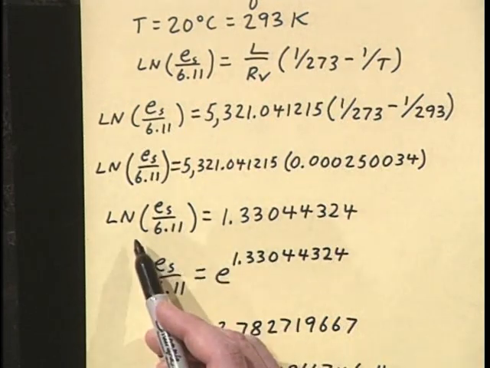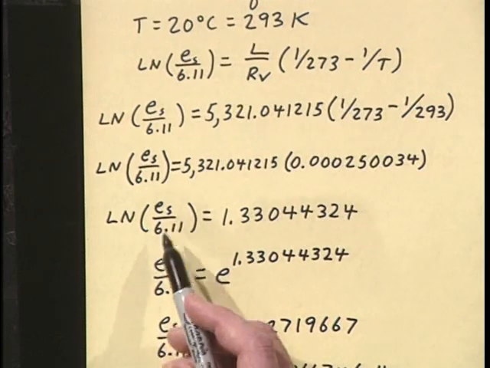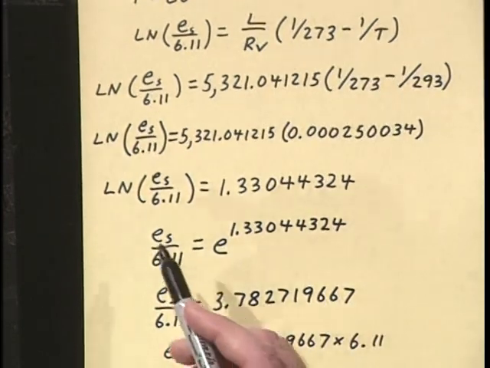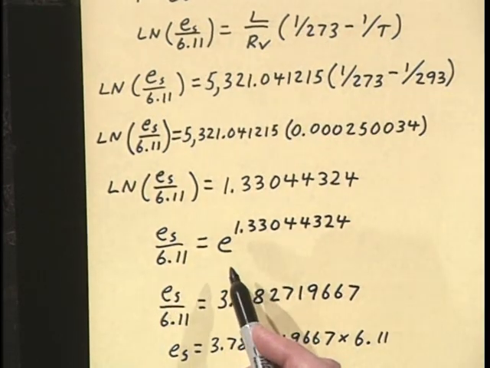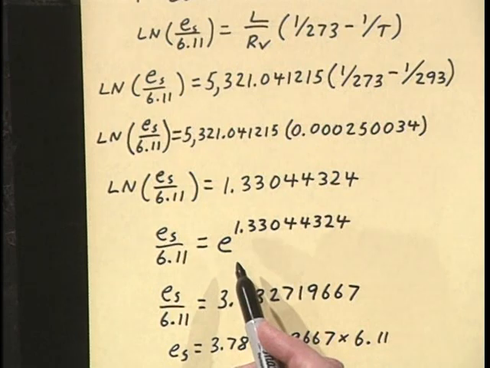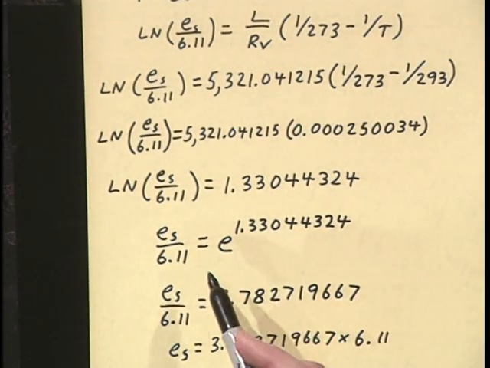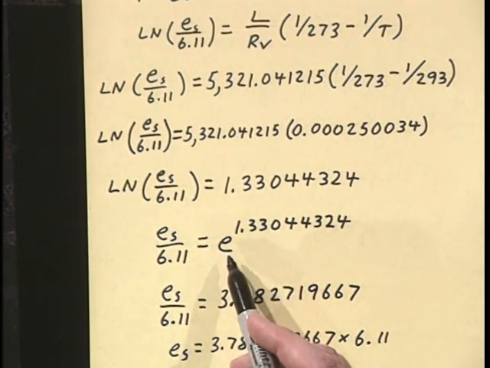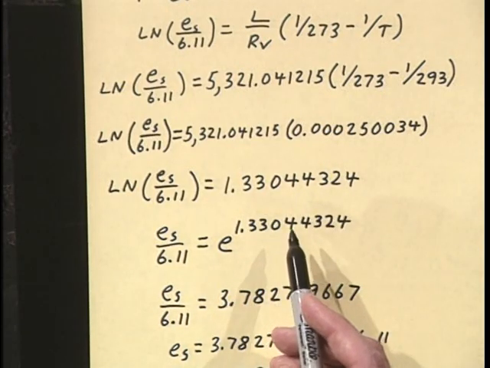On the left side of the equation, we still have the natural log function of the saturation vapor pressure divided by 6.11. To solve this, we're going to take the exponent of each side. On the right side, we'll have e, which stands for the exponential function, of the number that we had here.